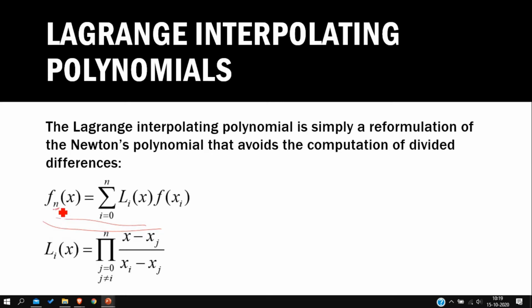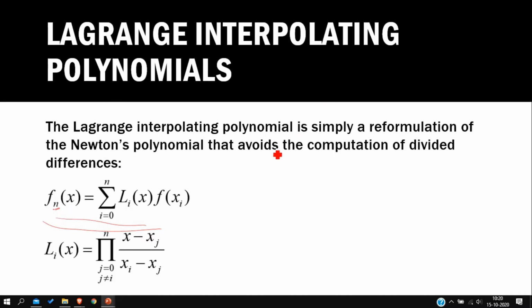If n is 2, it becomes a quadratic polynomial. If n is 3, it is a cubic polynomial, and so on. Normally we go only up to linear, quadratic and cubic polynomials, that is n is 1, 2, 3.